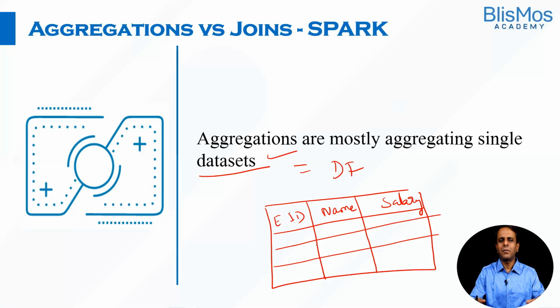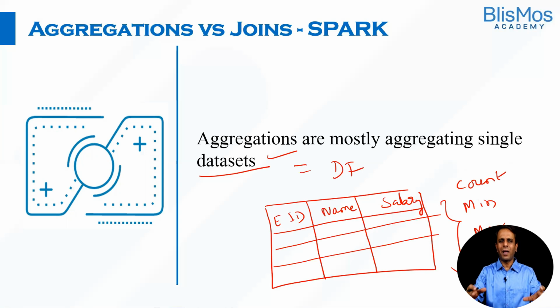We may have some thousands of rows as a part of this data frame. If you remember, we have found the min of this column, max of this column, or sum, or we have counted.